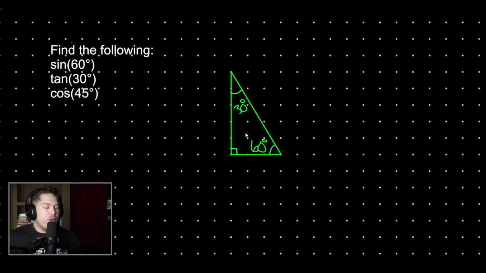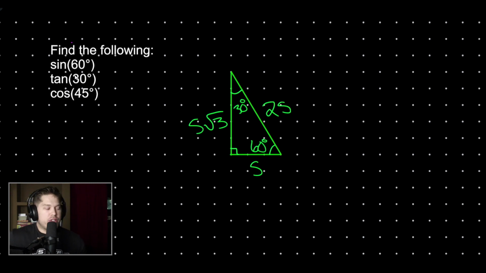You all should know the special right triangles, the 30, 60, 90 right triangle and the 45, 45, 90 right triangle. So this is a 30, 60, 90 right triangle. So we know the side opposite 30 degrees is some side length s. Opposite the 60 degrees is some side length s times square root of 3. And the hypotenuse is some 2 times s.